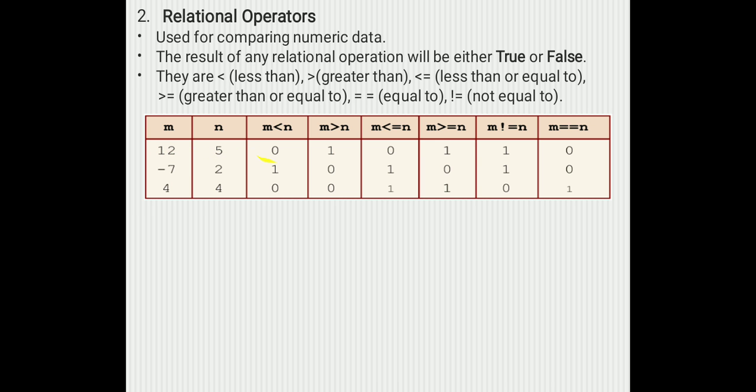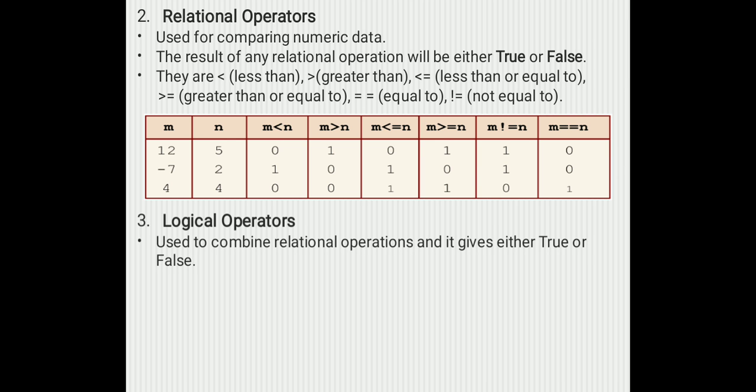No, so it returns the value 0. 12 greater than 5 is true, so it returns 1. 12 less than or equal to 5 is not true, so it returns 0. 12 greater than or equal to 5 is true, so it returns 1. 12 not equal to 5 is true, since they are not equal, and the returning value is 1. 12 equal to 5 is not true, so it is false and returns 0.